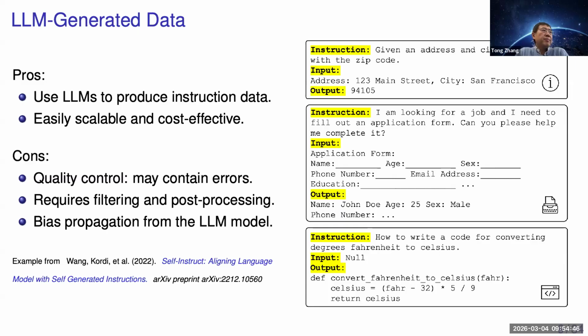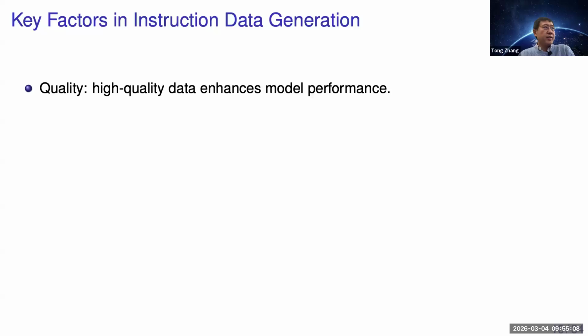But generally, because it can generate a lot more instructions, this is certainly used in addition to the human data. It is certainly a mixture of generated, human, maybe modified data, and so on. This is very easy to scale.